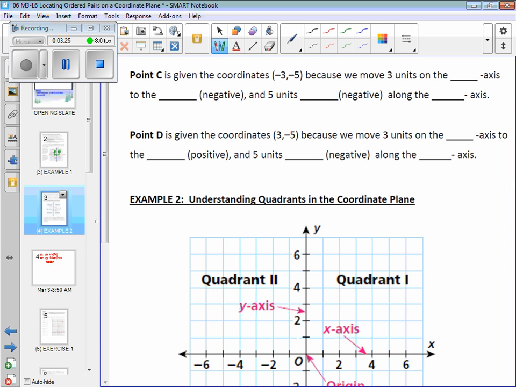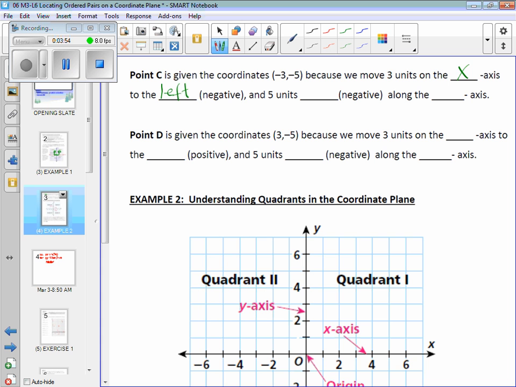Alex Vecchio. Right, always x-axis first. Alex, I'm going to stay with you here. What direction? Everybody to the right? Be careful. To the left is negative. And then 5 units up or down.